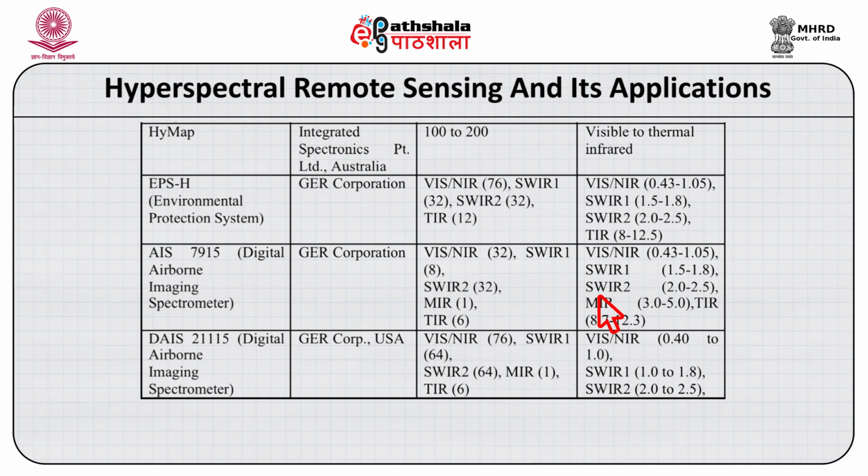And the beauty is that it also senses in the thermal infrared region. So, out of so many hundreds of bands, visible near infrared is 76, as you can see in the bracket in the table, short wave infrared region 1 is 64, short wave infrared region 2 is 64, mid infrared region 1 and thermal infrared region 6. So, these are the different bands being sensed in different spectral regions.